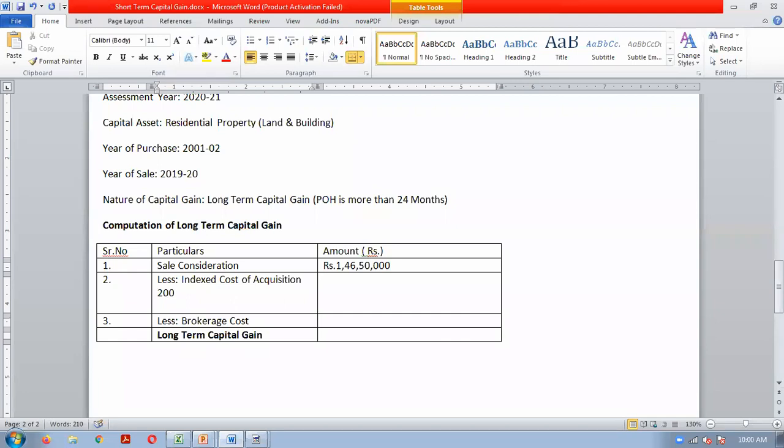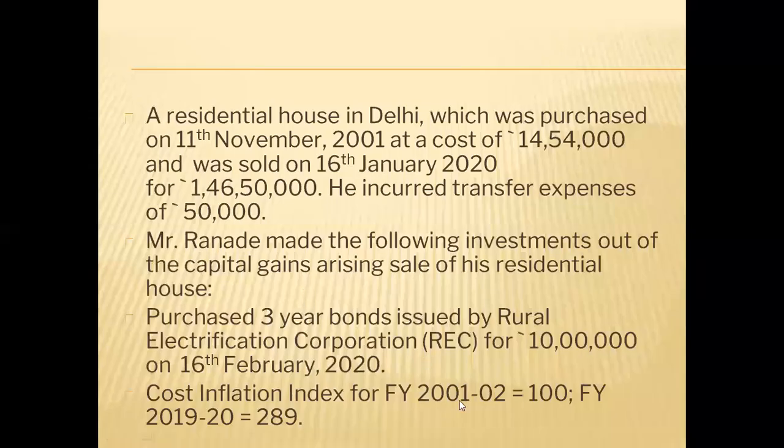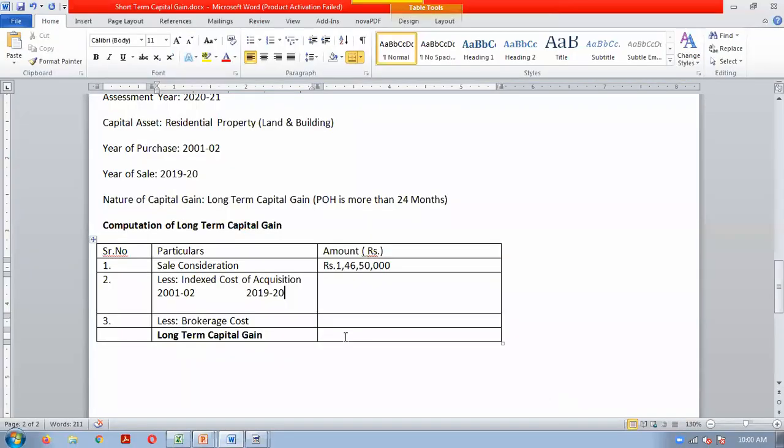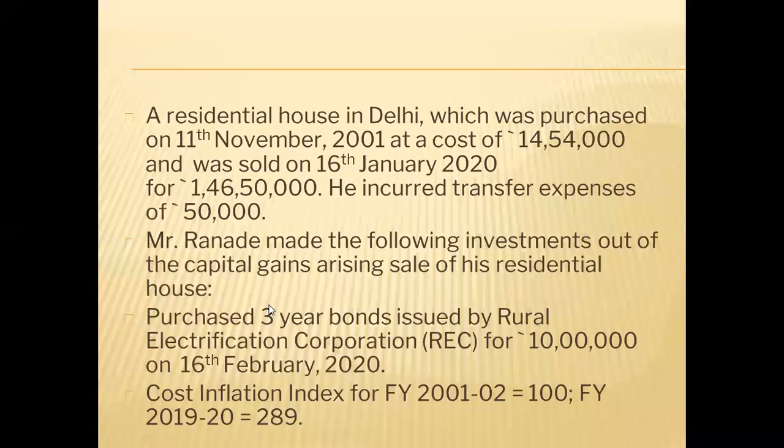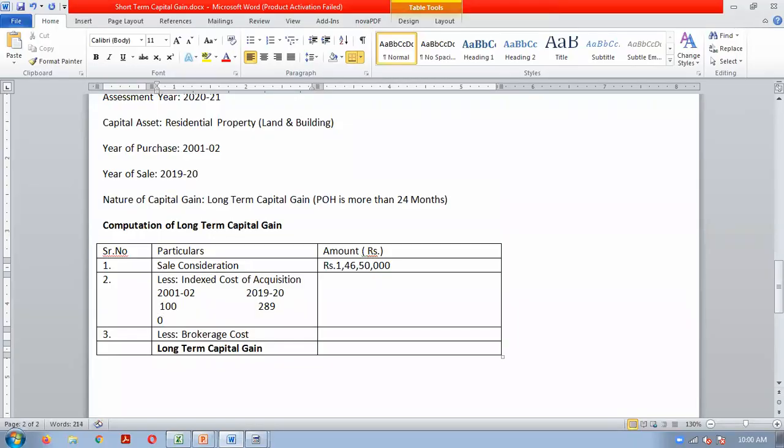So 2001-02 and 2019-20. So 100 is the first year, you can say, because base is 100. And here it is 289 in 1920. So 14 lakh 54,000.